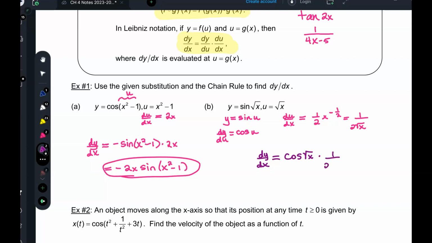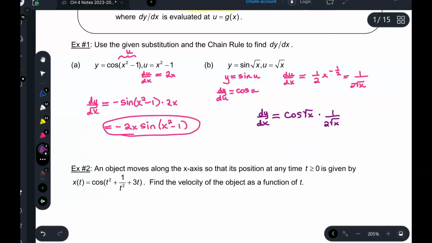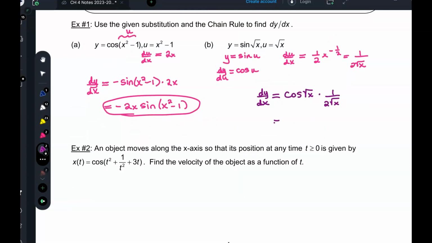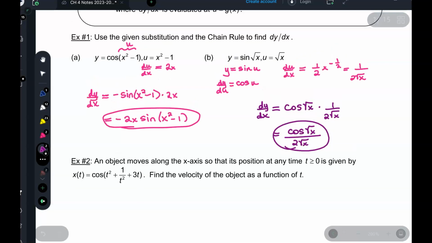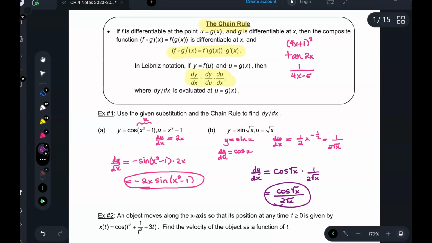I'm going to show you a different definition on the next page that might clear that up. So how do you know when to use chain rule or product rule? Well, sine, cosine, tangent, those are all functions. Chain rule is for something like the 4x plus 1 to the 3rd power, or if I have 1 over 4x minus 5.